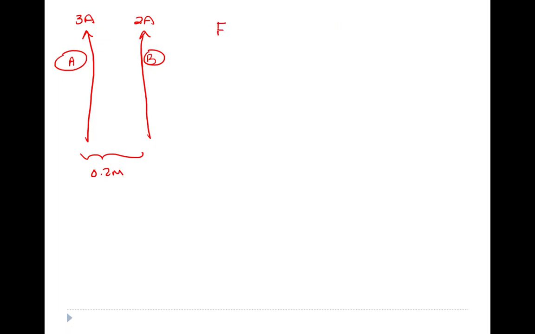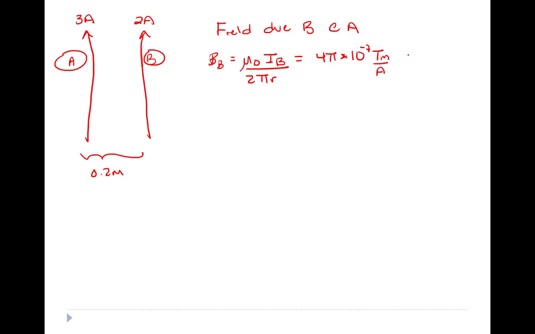So now I find, for step 1, the field due to B at A. So the field due to wire B is going to be mu naught times the current in wire B divided by 2 pi r, which is 4 pi times 10 to the minus 7 Tesla meter per amp times 2 amps divided by 2 pi times 0.2 meters. And that works out to be 2 times 10 to the minus 6 Tesla. So that was step 1.